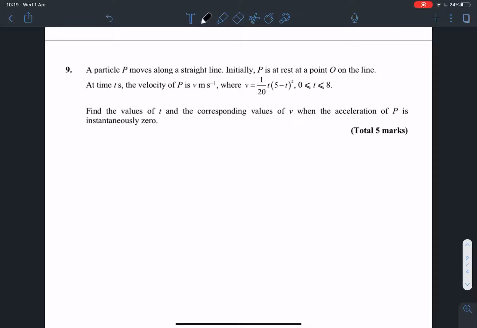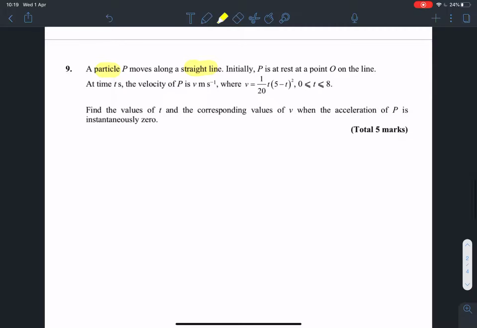Okay, question 9. Here again, let's start by reading the question carefully and lifting out the key information. So question 9, particle P moves along a straight line, initially at rest at the origin on the line. At time t seconds, the velocity is given by a function of t.